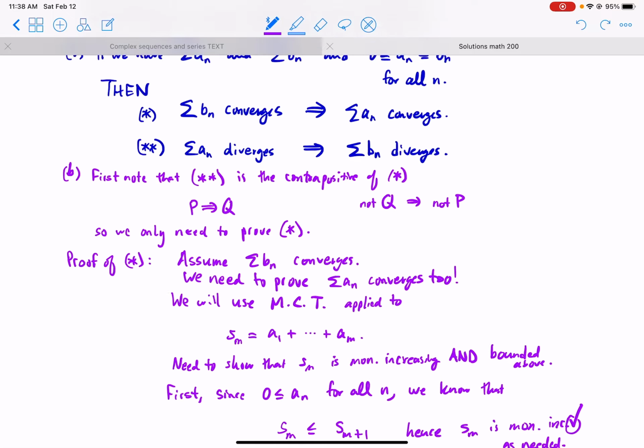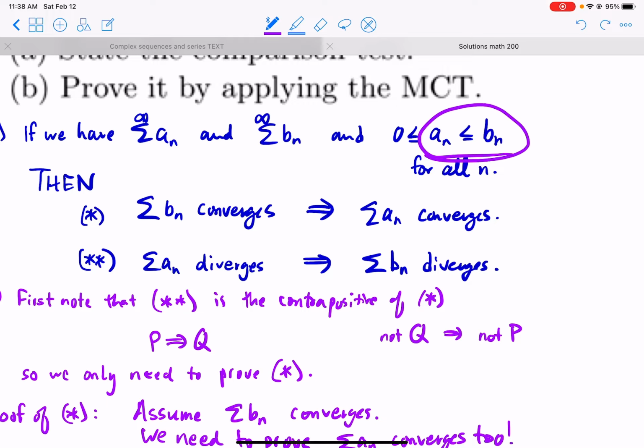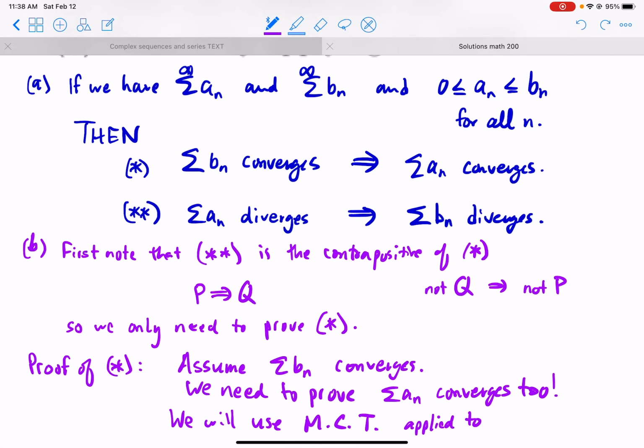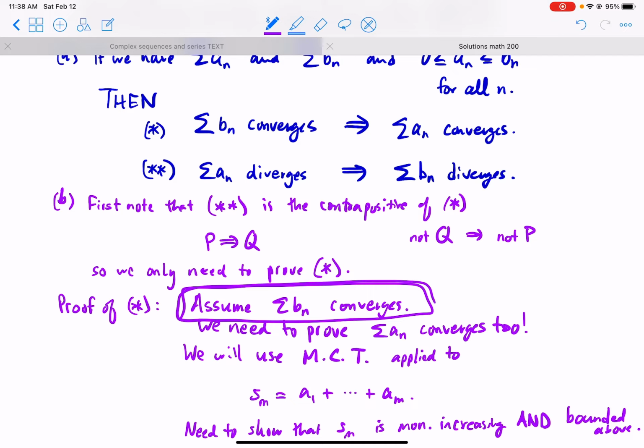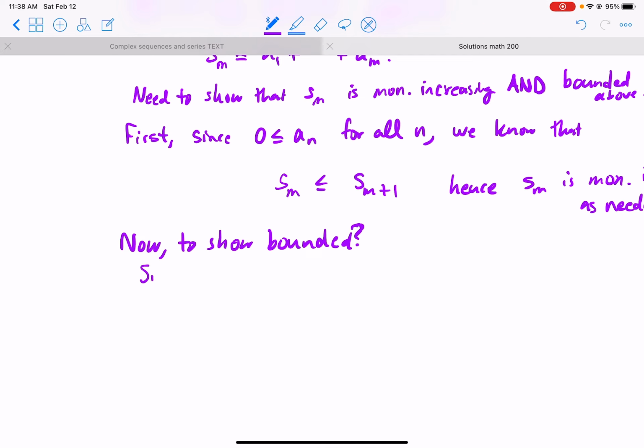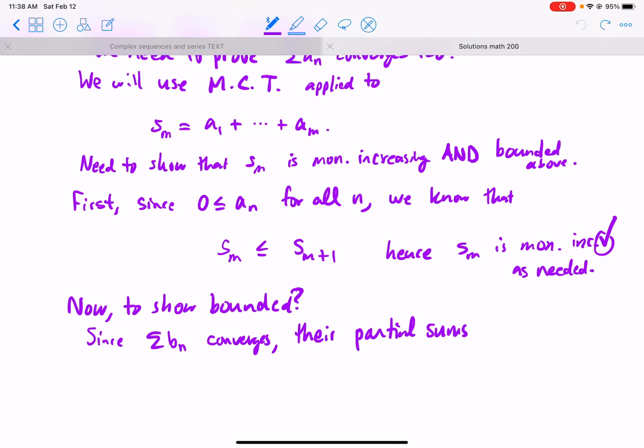And I guess this is where we use this part. Okay? And in fact, we know that this sequence converges. Remember, we assume that the b_n's converge. Okay, so since the sum of the b_n's converges, their partial sums, well, okay, we already called the partial sums of the a's s, so let's call these t's. T_m is just b_1 plus all the way up to b_m. So their partial sums converge, right?